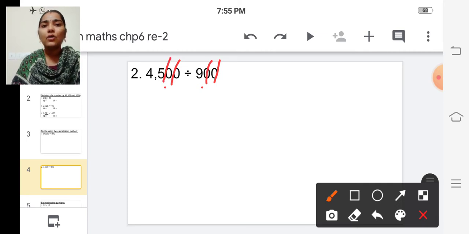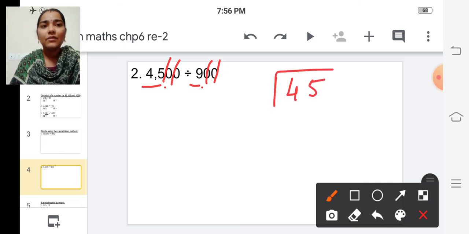Okay. Now we are going to divide 45 by 9. You all know the ninth table, isn't it? So how many times will 9 go into 45? 5 times, isn't it? 9 5s are 45.